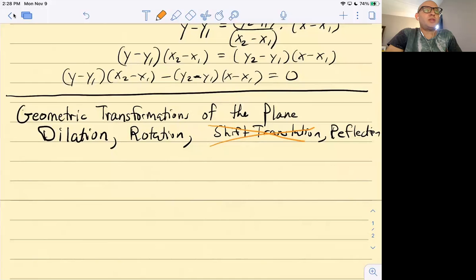And instead of thinking of them as acting on a single shape, we could think of it as doing it to the entire grid. So we can think of the entire grid being dilated, the entire grid being rotated, and the entire grid being reflected over some axis. So we can express all of these transformations using a 2x2 matrix.